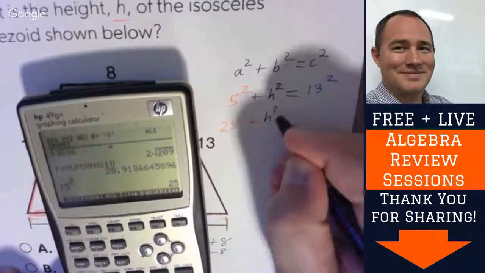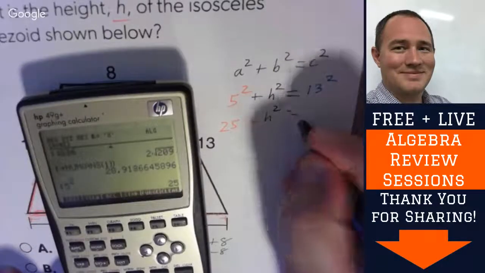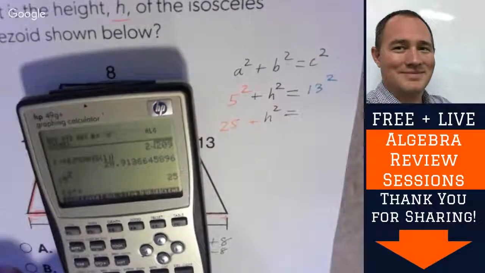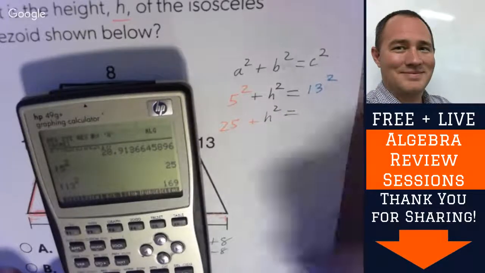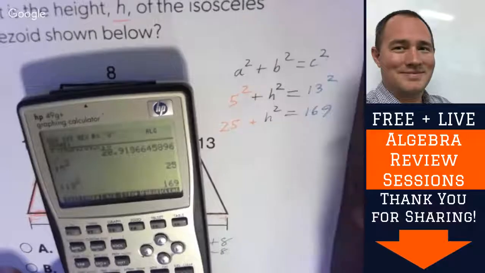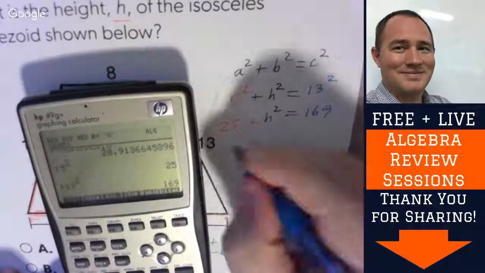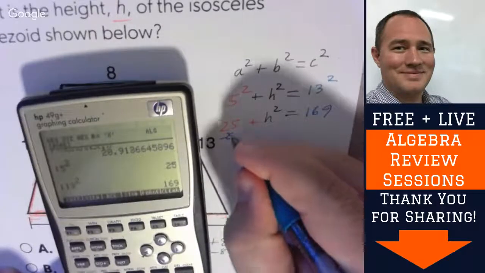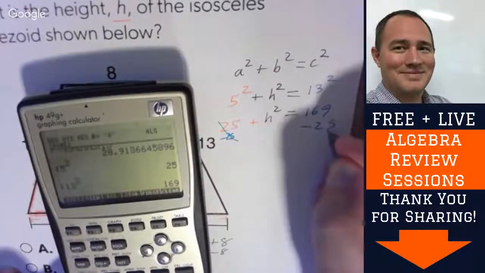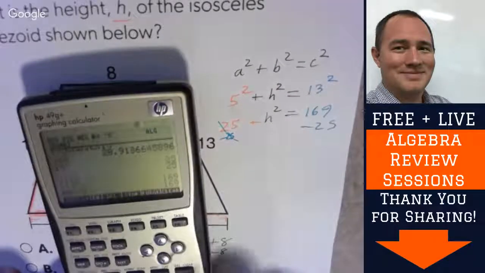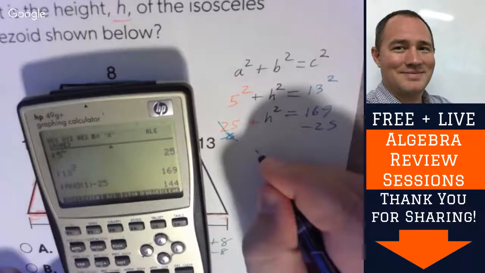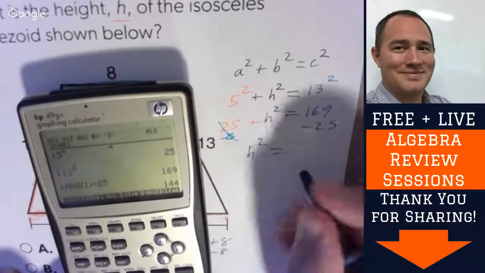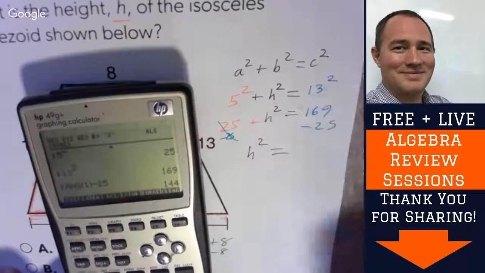That's going to stay h squared for now. 13 squared, as you can see, becomes 169. Now we want to subtract this 25 on both sides. So 169 minus 25 gives us 144. So h squared stays on the left side over there, equals 144.